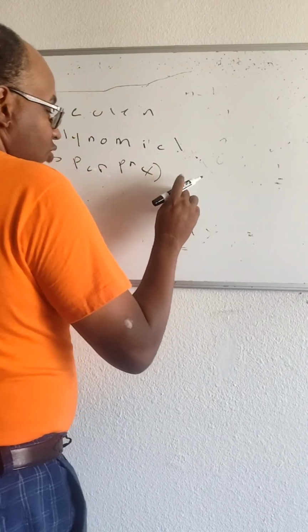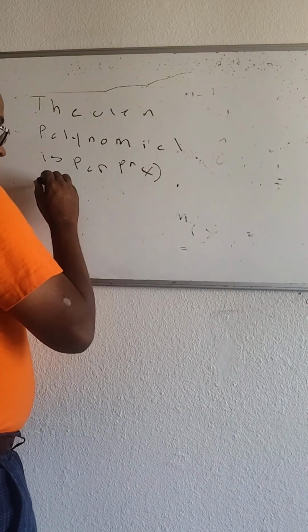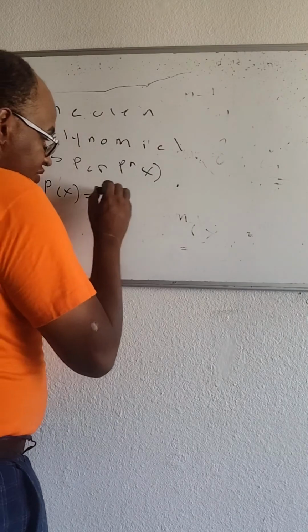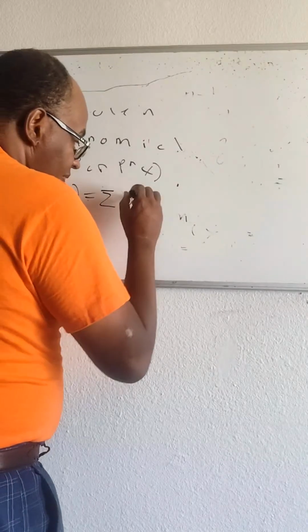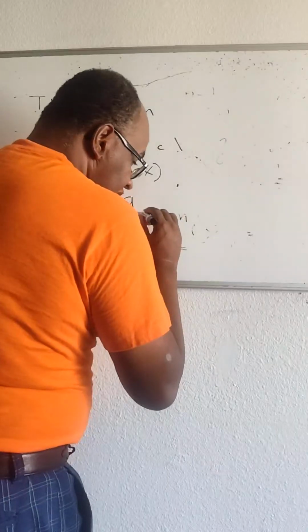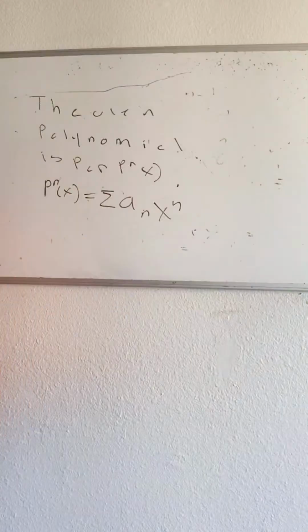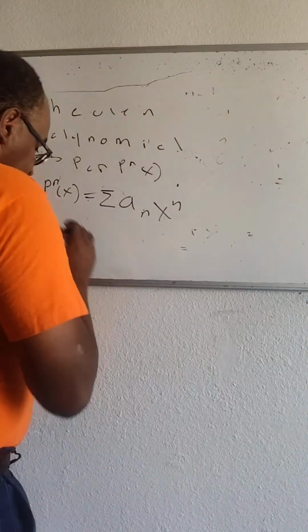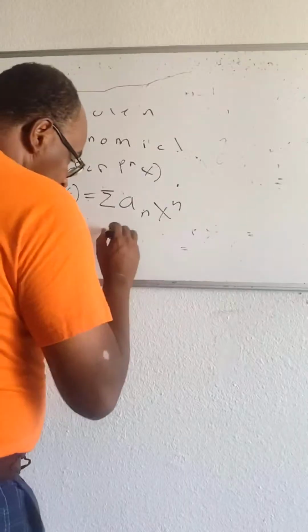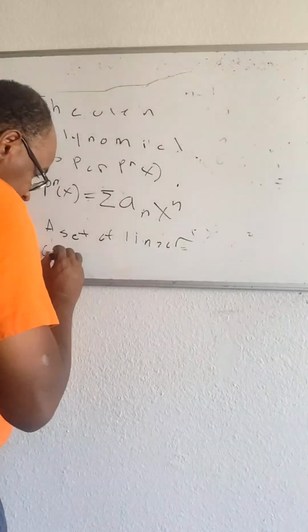Can you express it in any form such that P(x) is equal to a_n x^n, and so on, which can be a set of linear combinations.